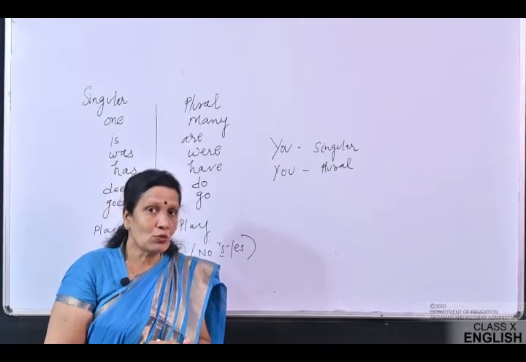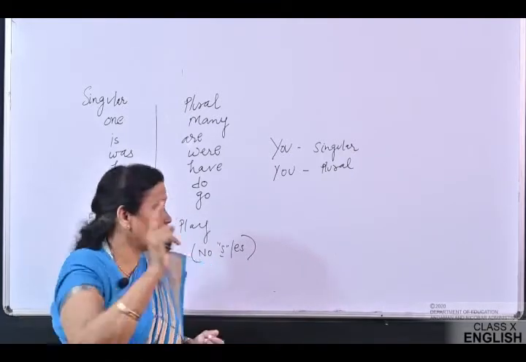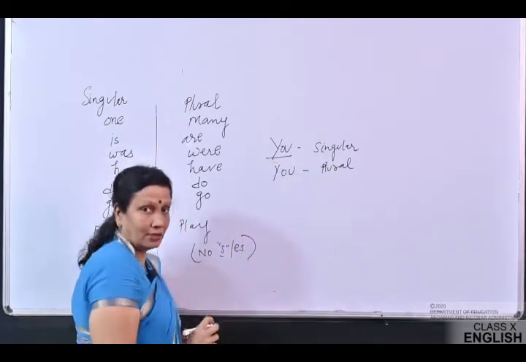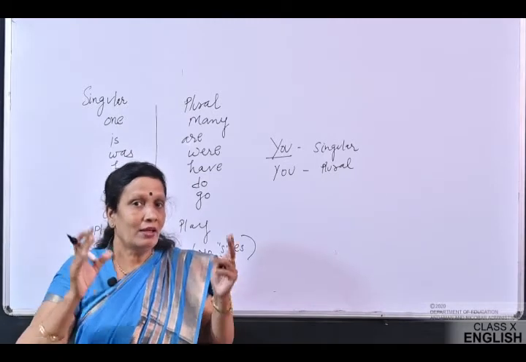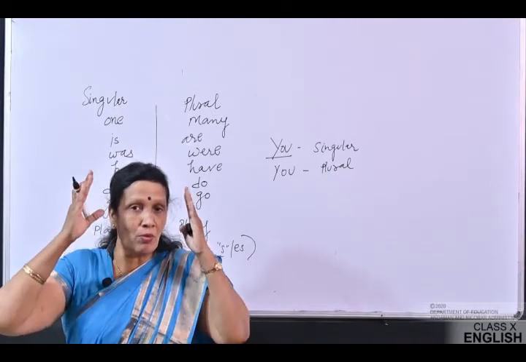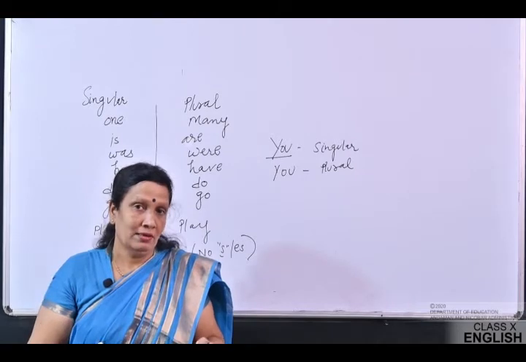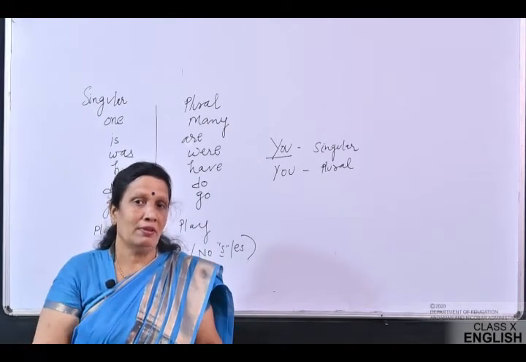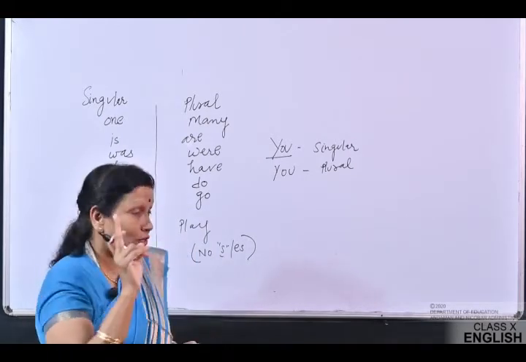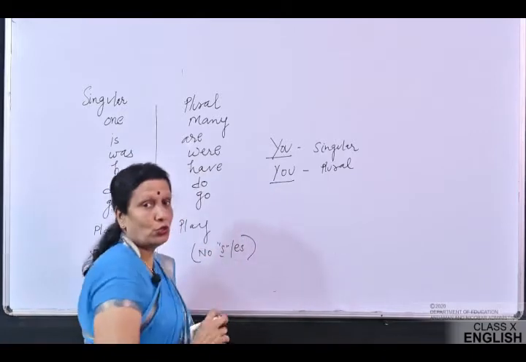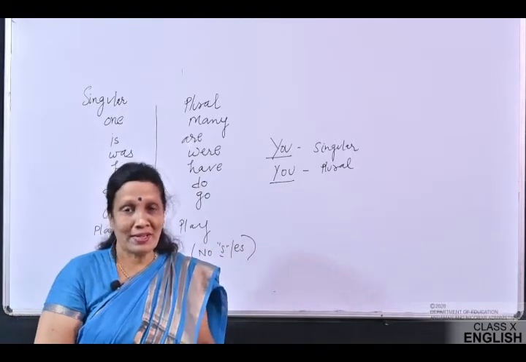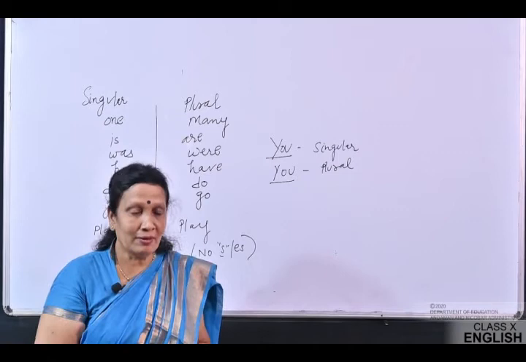How do you come to school? For one person also we use you. And when you talk about more than one person or to many people, then you use you again. That you have to be very clear.